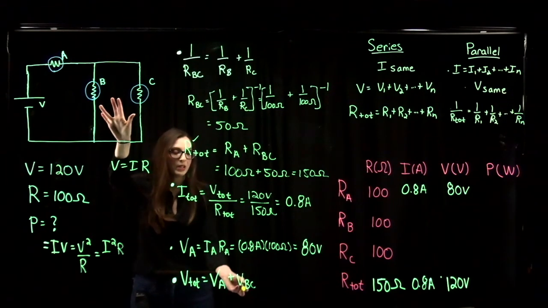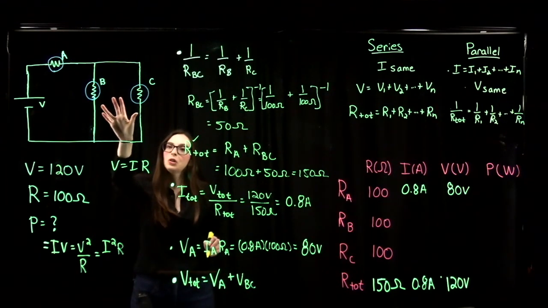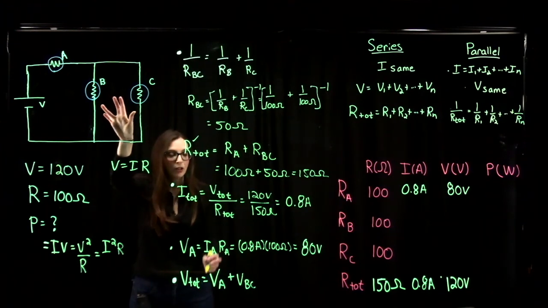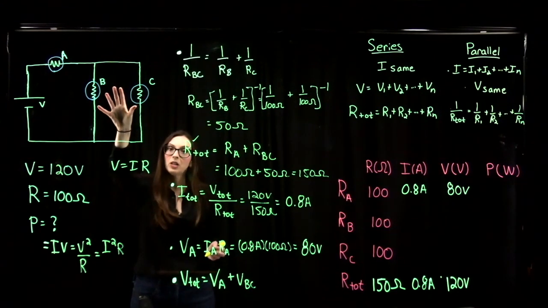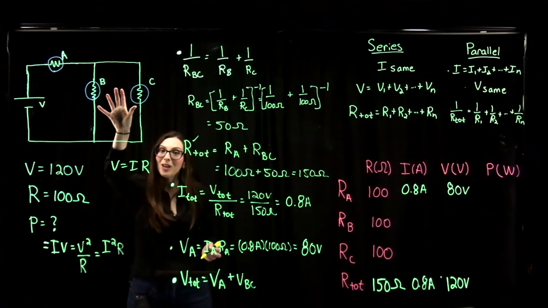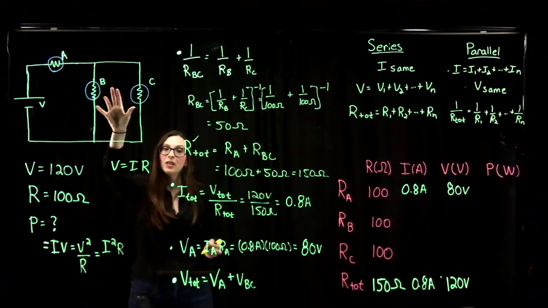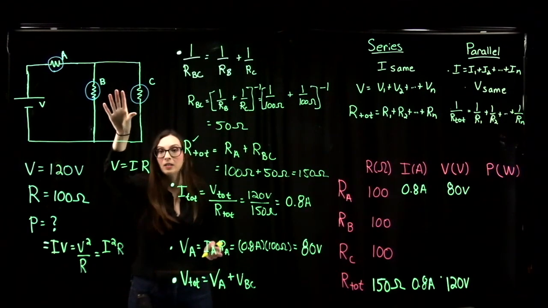I'm going to call that potential BC. Since these two are in parallel, the potential across B is the same as the potential across C, which will be the same as the potential across the equivalent resistor of B and C in combination.